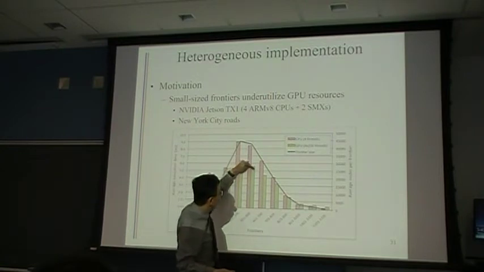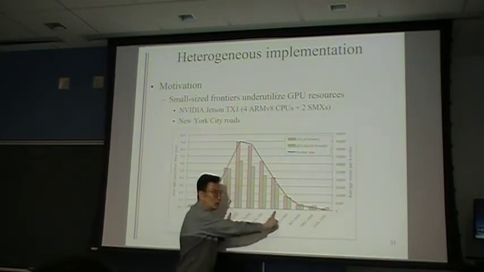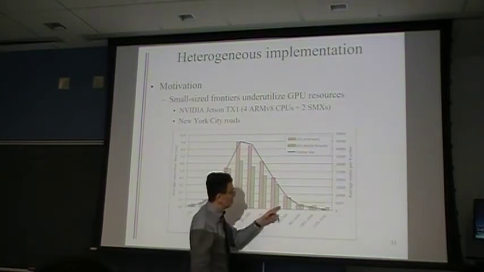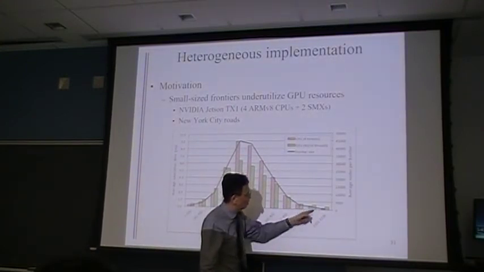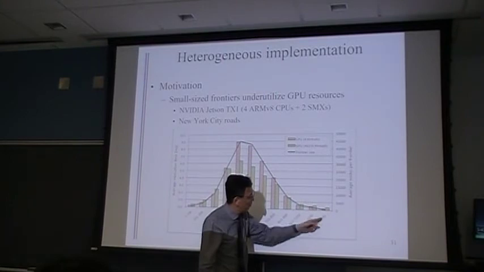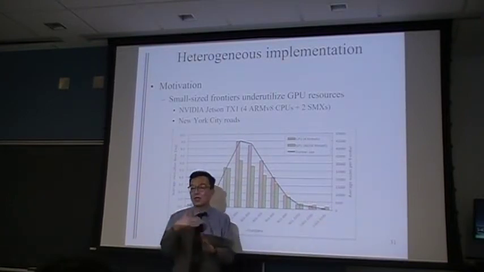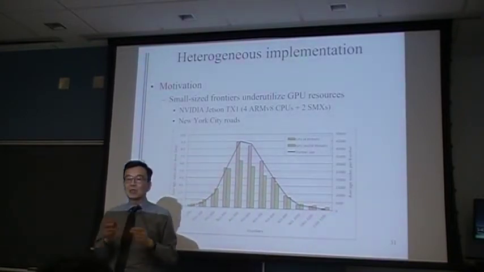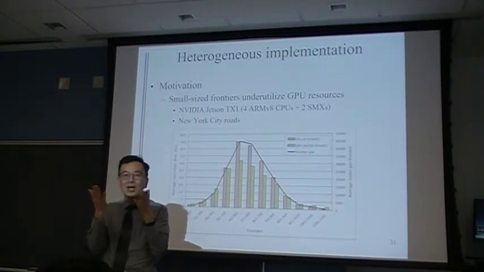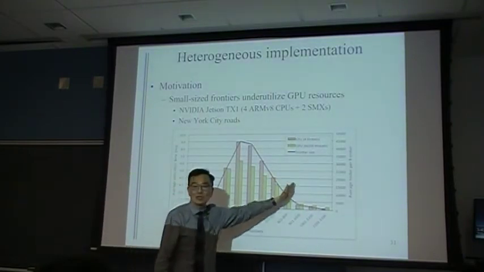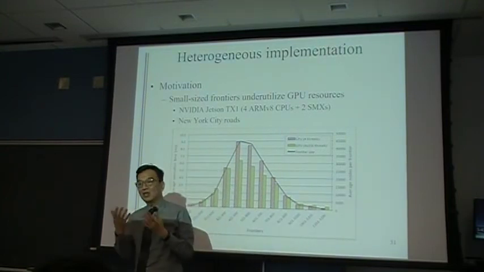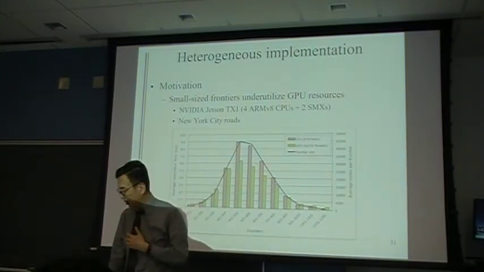Then you will stay on the GPU for all these hundreds of frontiers until you say, oh, the CPU is good again. So I'm going to switch to the CPU, and the next couple hundred frontiers will be handled by the CPU. So the page faults don't happen all the time, but they happen at these transition points. But this is enough that it can actually cause you a performance penalty.